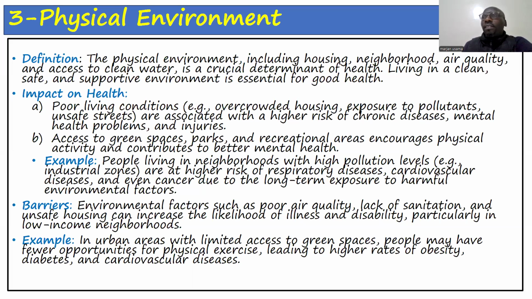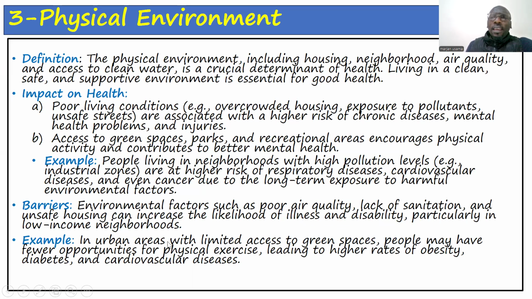In the long run, they might be exposed to respiratory diseases. So what are the barriers? Environmental factors such as poor air quality, lack of sanitation, and unsafe housing can increase the likelihood of illness and disability, particularly in low-income neighborhoods.